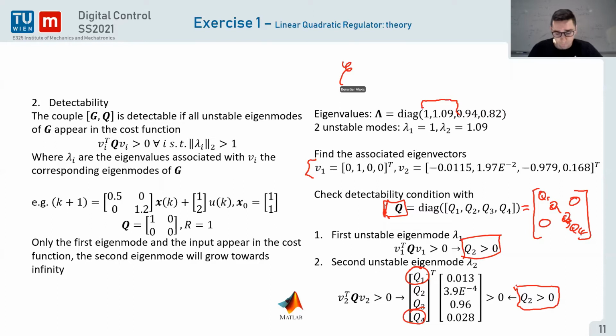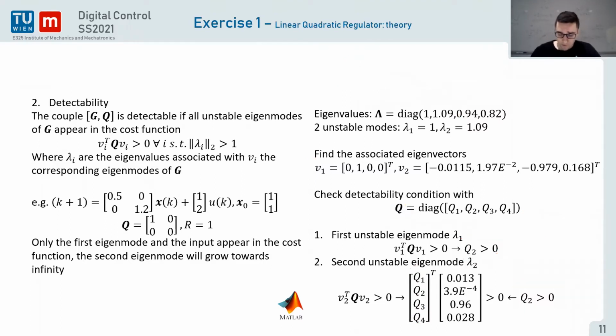So for any vector, if I write this, it should be bigger than or equal to 0. This is what a positive semi-definite matrix Q means. And so that means that if it's diagonal, Q1, Q2, Q3, and Q4 have to be bigger than or equal to 0. And so having only Q2 bigger than 0, because we know it's positive semi-definite, I can choose Q1, Q3, and Q4 to be any non-negative real values.